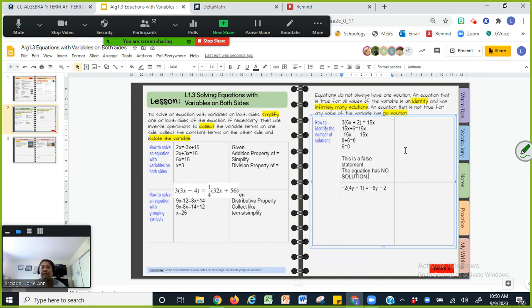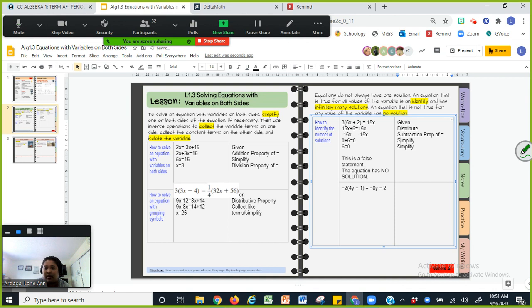Okay? All right. So let me just type this up. You put given, you distribute, then you subtracted 15x from both sides, subtraction property of equality, and then we cancel the 15x, so that's simplify. Then we also simplify to get the last one.